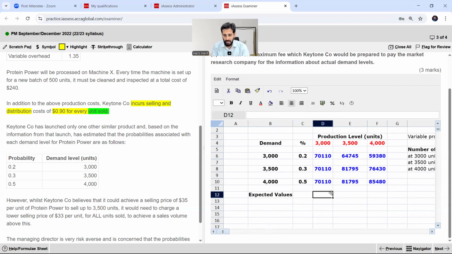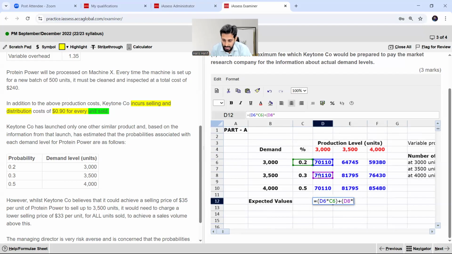How can you calculate the expected values? Press equal to, bracket open, this value multiply by 0.2, bracket close, plus this value, because expected value is of your decision making point. Expected value is not of your demand. Expected value is of your decision making point, that is the level of production.